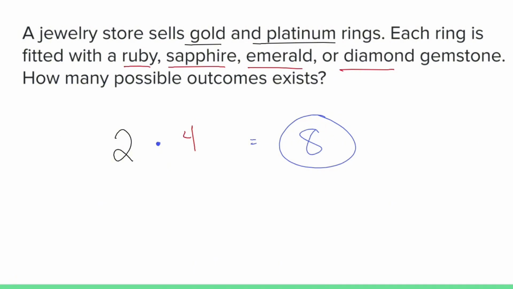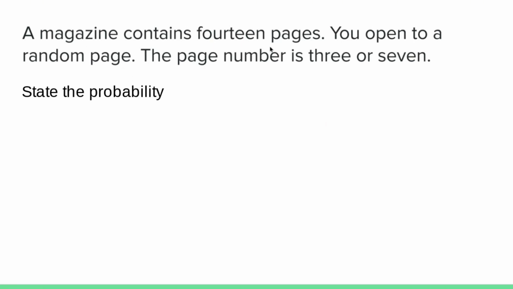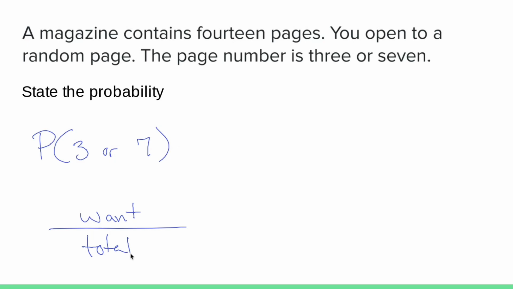A magazine contains 14 pages. You open to a random page. The page number is either going to be 3 or 7. State the probability. All right, so I want the probability of finding a 3 or a 7. Now, generally speaking, the probability of an outcome occurring is the amount of possibilities you want over the total possible outcomes.